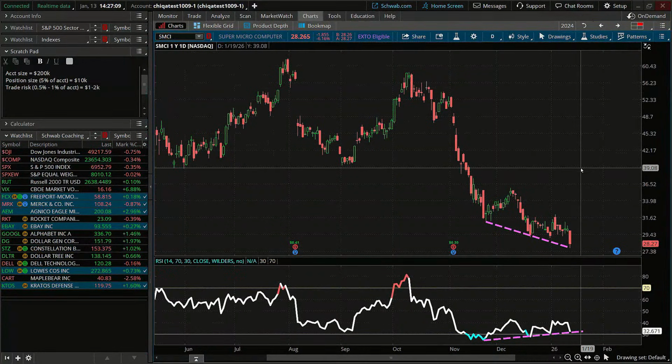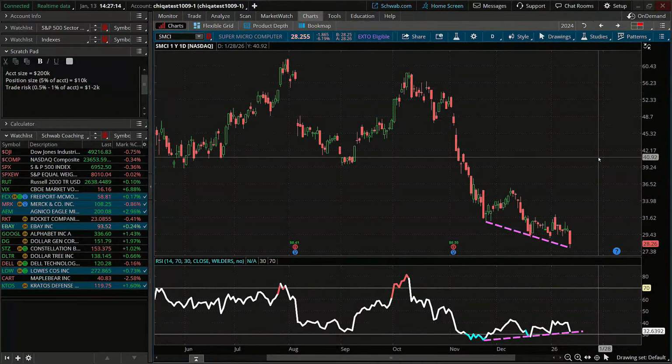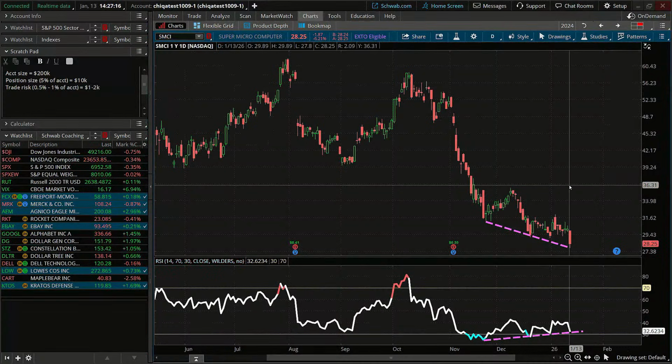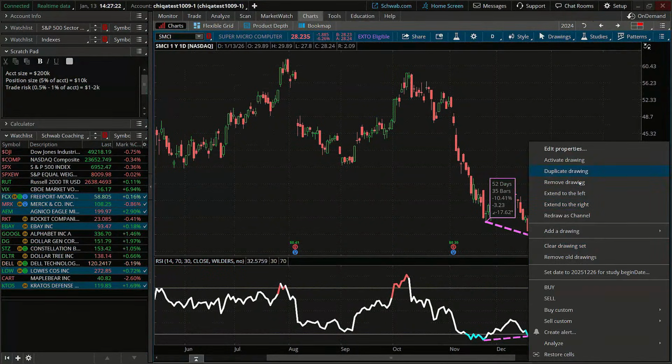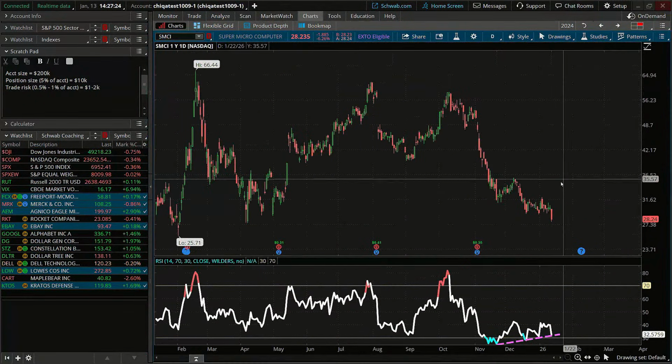Let's take a look at where price may need to be for an options trader or a stock trader to possibly take a position in this kind of trend where you may see a possible reversal.